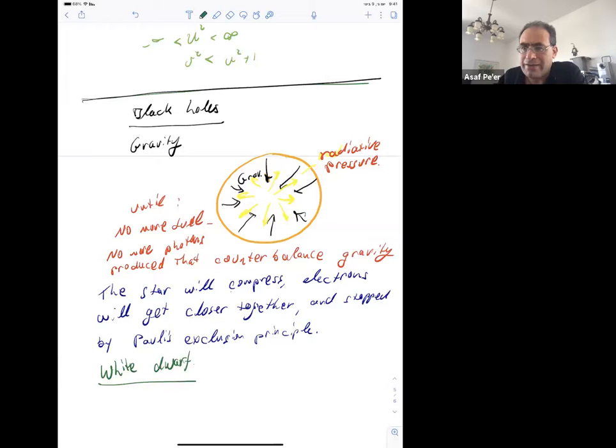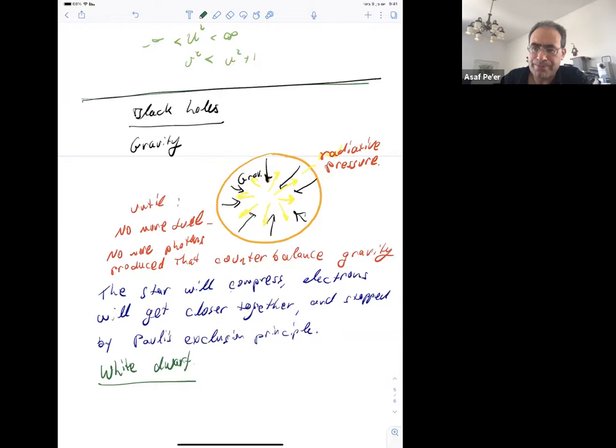For the sun, the gravity of the sun is way, way bigger, simply because the mass is much bigger. And so it overcomes the electrostatic forces at the center of the sun, of course not at the outskirts of the sun. All right.